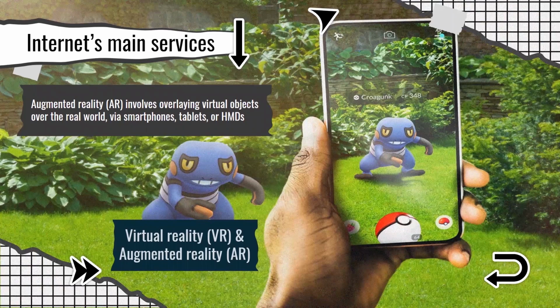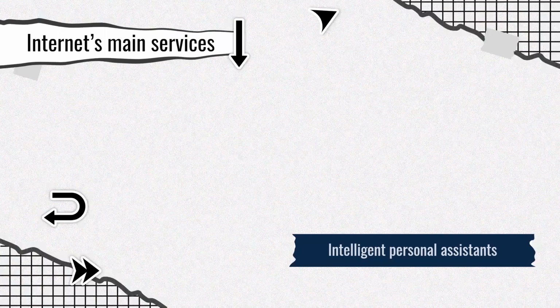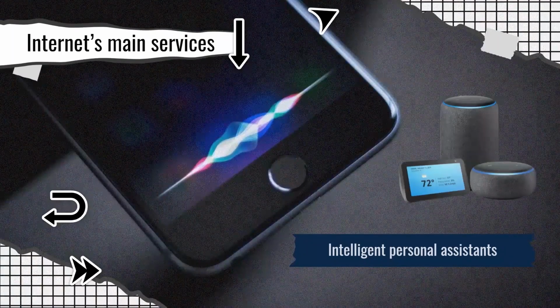Last but not least, intelligent personal assistants. The idea of having a conversation with the computer, having it understand you, and be able to carry out tasks according to your direction has long been a part of science fiction.